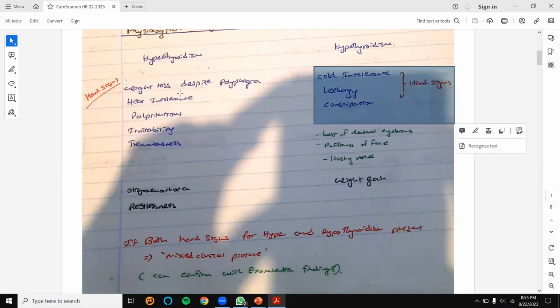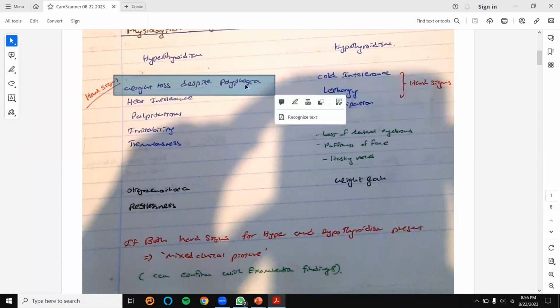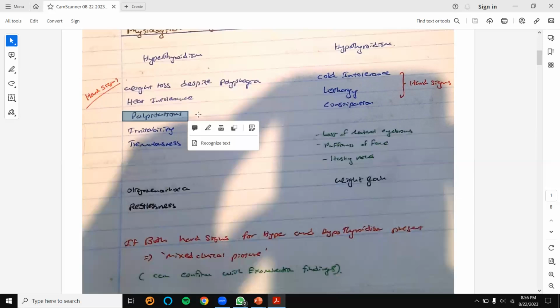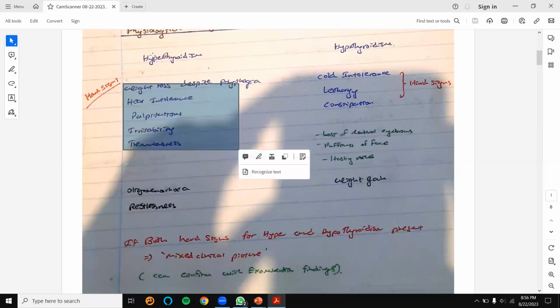For hyperthyroidism, you need to ask about weight loss despite polyphagia. That means despite having an increased appetite, they still have a weight loss. Heat intolerance. Palpitations because of tachycardia, it could be atrial fibrillation. Irritability and tremulousness. Ask at least these 4 or 5 questions for hyperthyroidism.